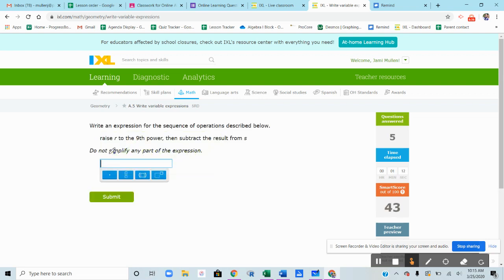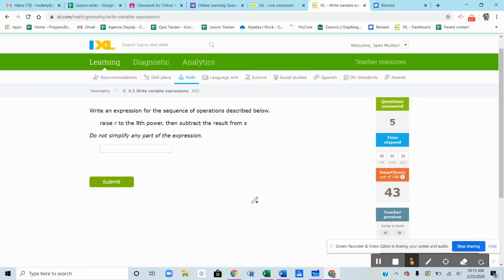All right, here's a little bit more complicated one. R raised to the 9th power, then subtract the result from S. Okay, so R raised to the 9th power means I have R to the 9th. It says then subtract the result from S. Subtract the result from is a turnaround word.